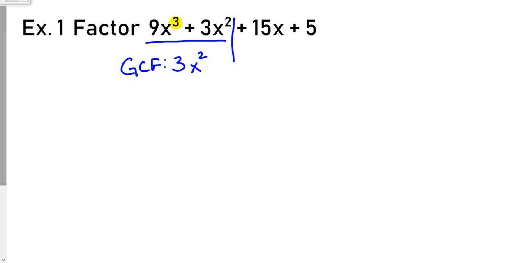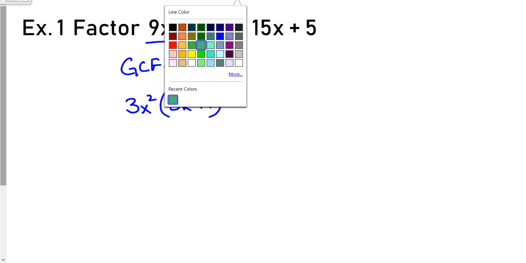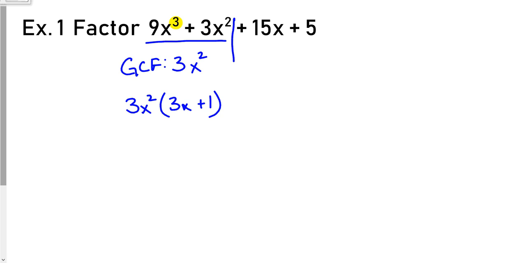So let's factor that GCF out of just the left-hand side. 3x squared, and then what's left over? 9x cubed divided by 3x squared is going to give me just 3x. 3x squared divided by 3x squared is 1. So plus 1.